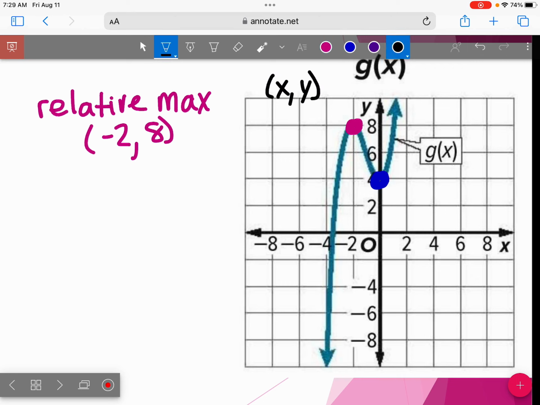X then y, just as a reminder. How about our blue point? What's that one? This guy. A relative minimum, or a relative min. And that is at the point 0, 4.